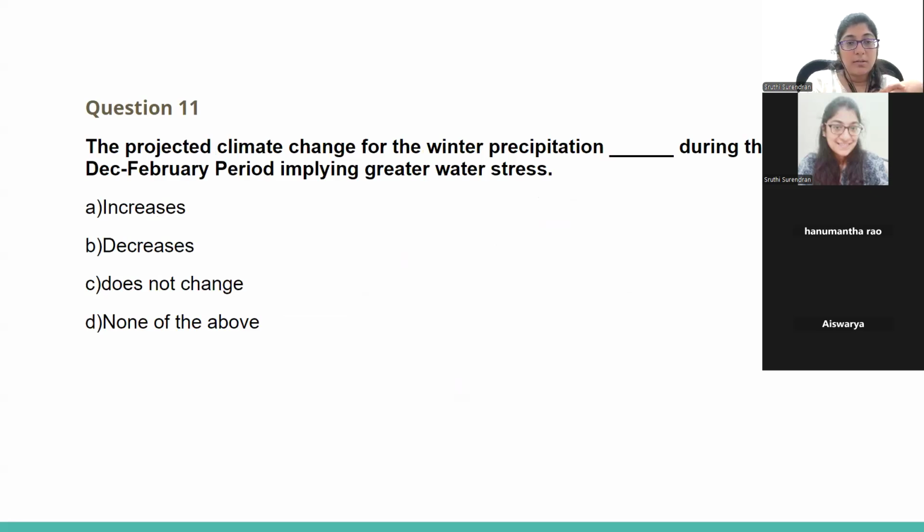11th question: what is the projected climate change for the winter precipitation during the December-February period, implying greater water stress? The December-February period is the winter time. So what will happen to the precipitation in the future because of climate change is what the question is about.